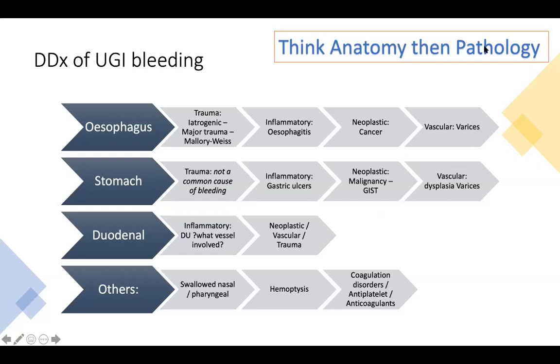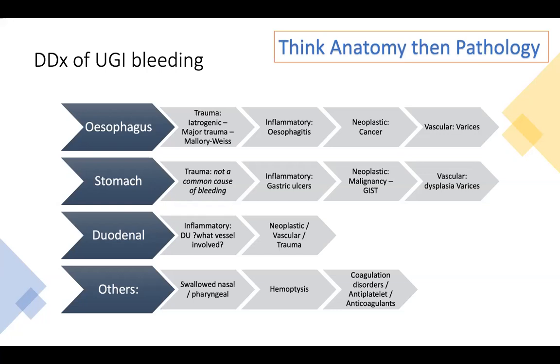Again, go for stomach and go for pathology, trauma. Not a common cause of bleeding, but I've seen it myself after shotgun. Someone was bleeding heavily, a lot of hematemesis from stomach.